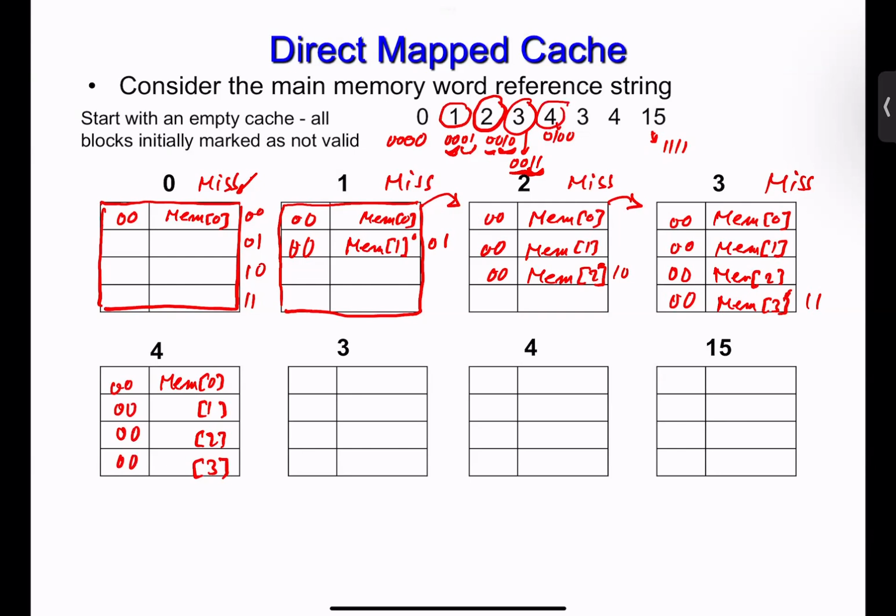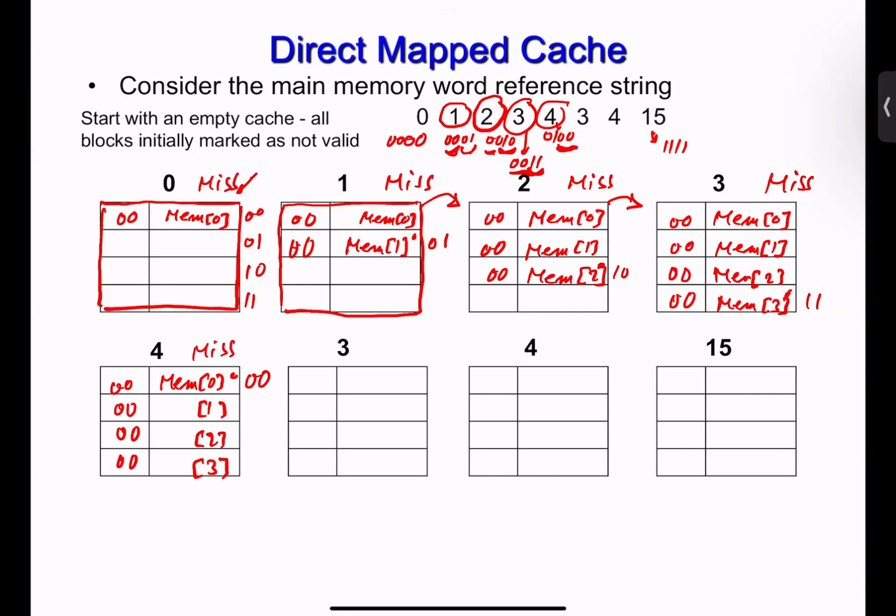Now I am looking for 4. But 4 modulo 4 is 0. Or if you look at the very first 2 bits, it's 0, 0. So actually, I should look here. When I look here, I didn't find that I have memory of 4. I found that I have memory of 0. So again, I miss.